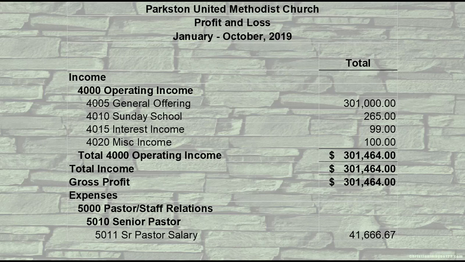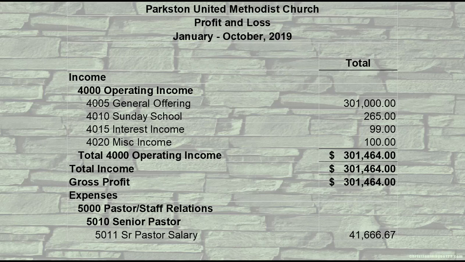You can see how, for example, income is the main account, operating income, and then it has the sub-accounts for the general offering and Sunday school and interest and miscellaneous. But then where you see it best is under the expenses. So you can see under the pastor-staff relations, that should be staff-parish relations, I think. But anyway, you get what I mean there.